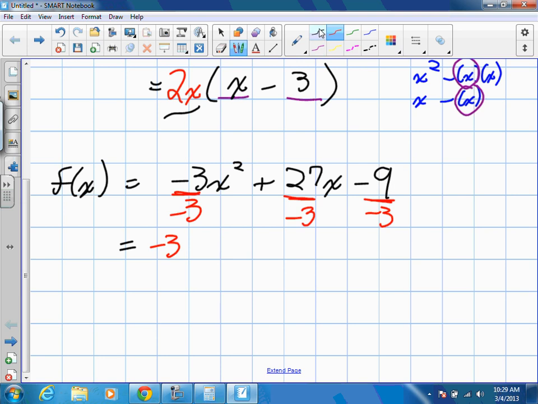And the 3 terms that will be left inside are what the 3 terms are after we divided them by negative 3. So what's negative 3x squared divided by negative 3? x squared. Positive 27x divided by negative 3? Negative 9x. And negative 9 divided by negative 3? Plus 3. And that's it. We have our negative 3 on the outside, and we have x squared minus 9x plus 3.